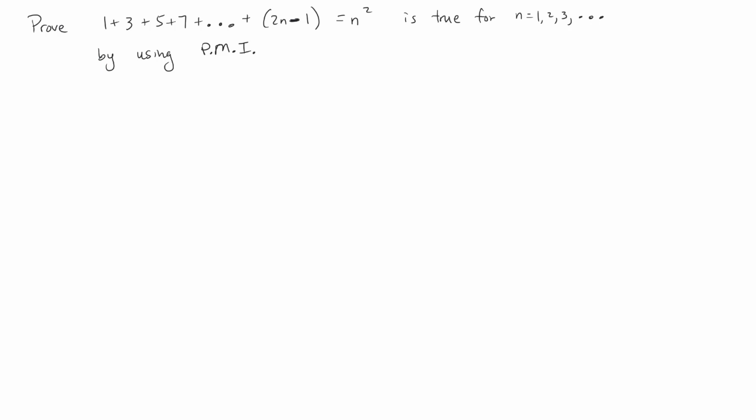Let's do another example here. Why don't we prove this statement or this proposition P of n is true for n equals 1, 2, 3, ... by using the principle of mathematical induction.